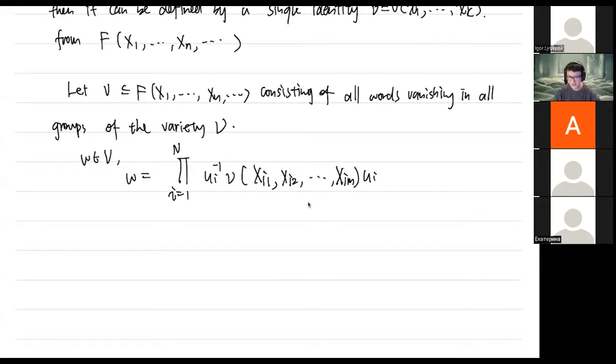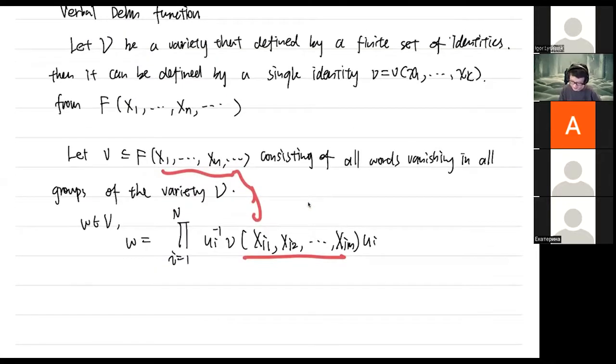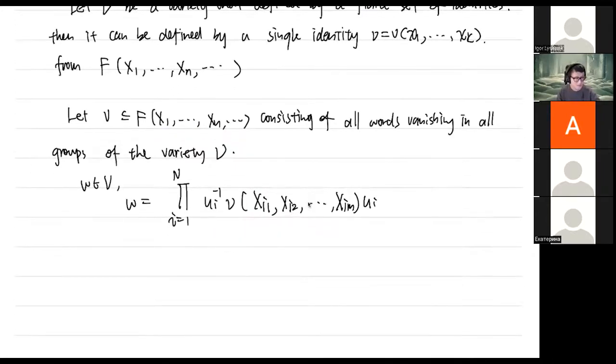So that's what all the elements inside the verbal subgroup look like. Basically we plug in all these elements inside this identity and make a product of conjugates of all such words. So now we can define the verbal isoperimetric function.